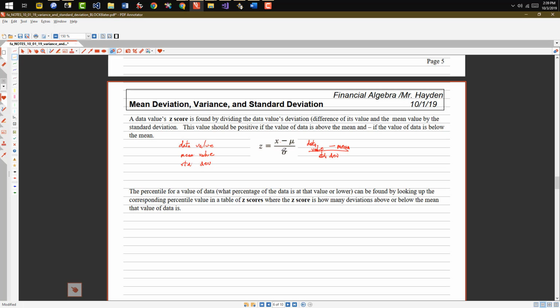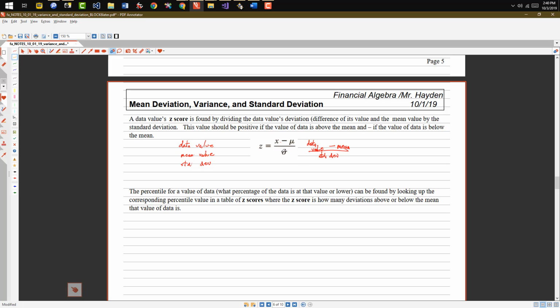So typically you're going to need three pieces of information to find a z-score: the data value that you're looking up, which could be anywhere from the lowest of the low to the highest of the high possible values; the mean, which is the average value of the data; and the standard deviation of the data. Those three values should be given to you in questions that involve z-scores, and you simply need to plug in the values and do the math.